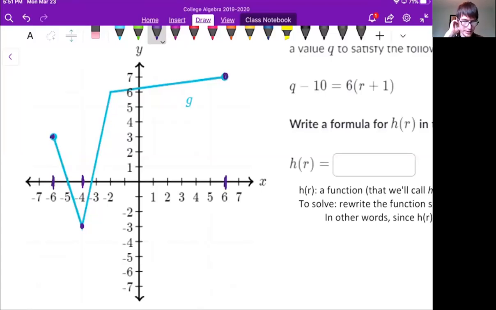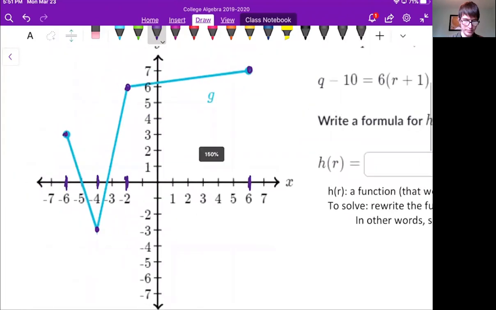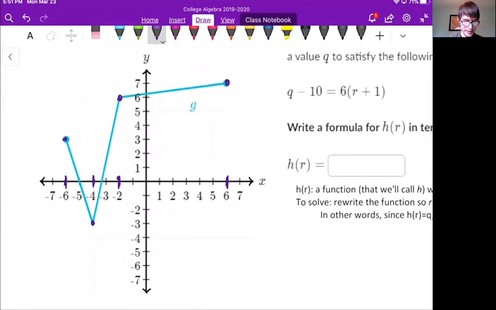But there's some other values here too. I could plug in -2 and get 6. Here's something interesting: I could plug in -3 and get 1.5. And I could plug in, I don't know, -1 and get 6.1 or something of that nature.